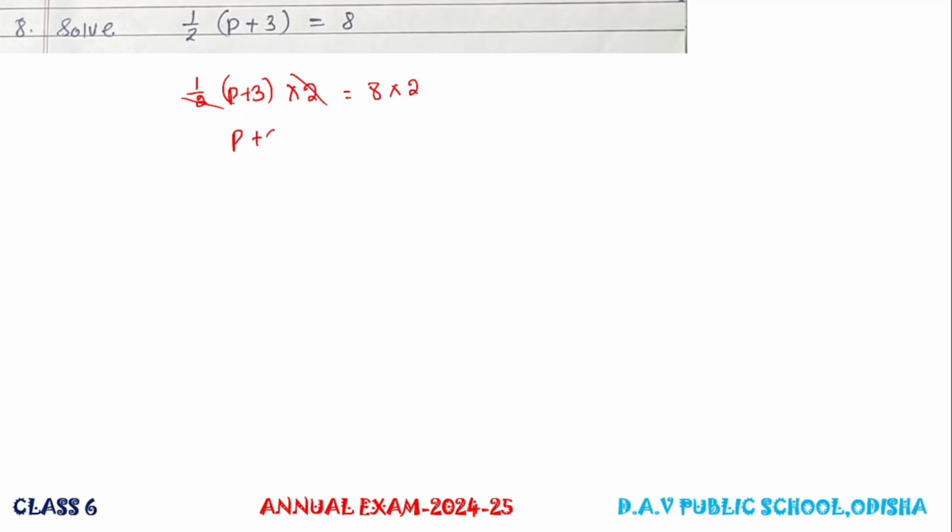Now the remaining is p plus 3 equal to 16. Again p plus 3 minus 3, then 3 and minus 3 will be cancelled. So 16 minus 3. So p equal to 13. Answer. All of you understand?